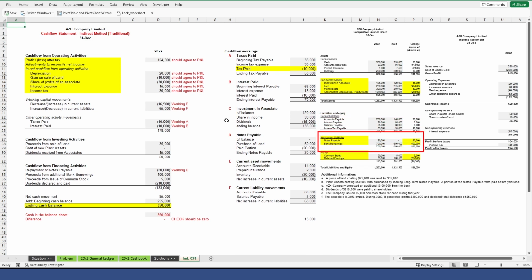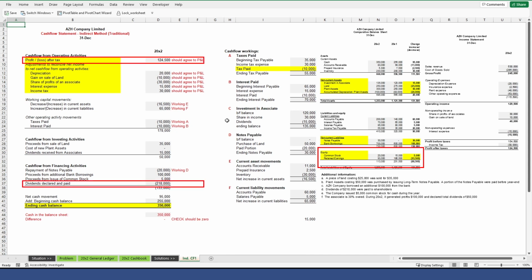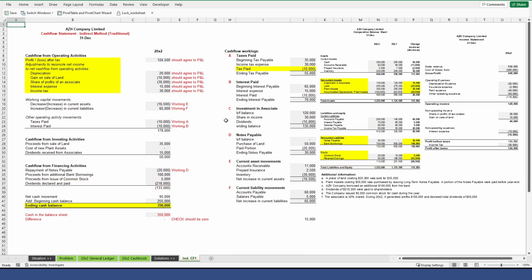The notes payable are accounted for in the financing activities as well as the bank borrowings, and then the equity movements are accounted for as well in the financing activities. In particular, retained earnings of 93,500 includes the movement of the net income and the dividends declared of 218,000. If you miss something, then your cash flow will not be balancing.